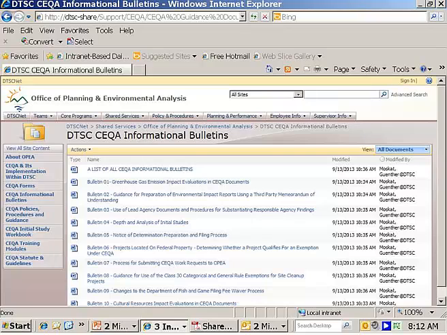And related question, what are the estimated hours for an NOE and the initial study process? Estimate for OPEA staff. Well, we have a workload standard in place, which is generally 40 hours for an initial study.